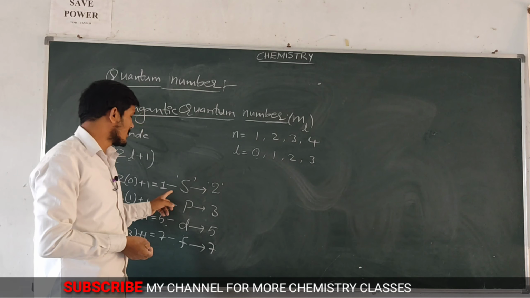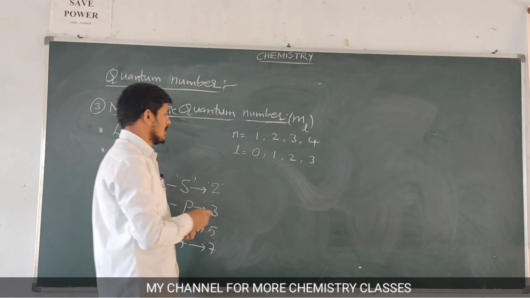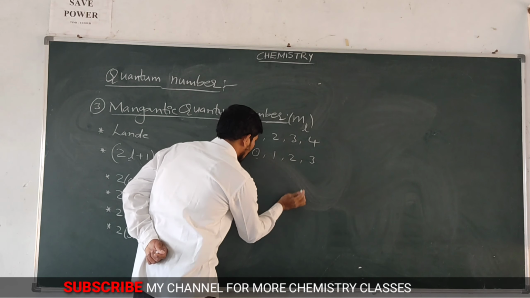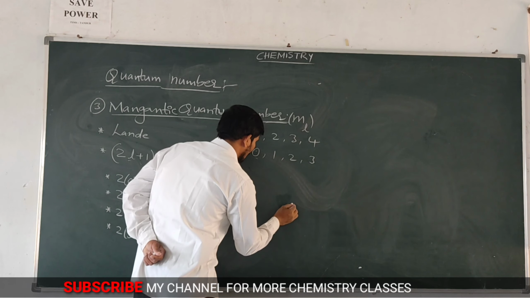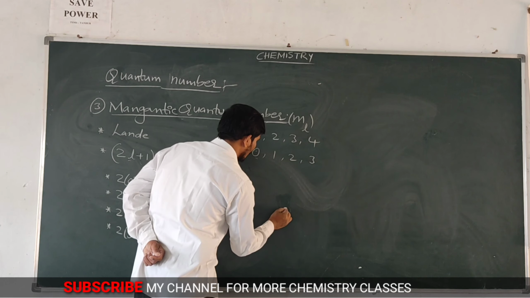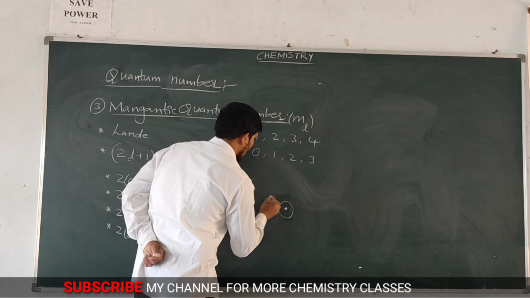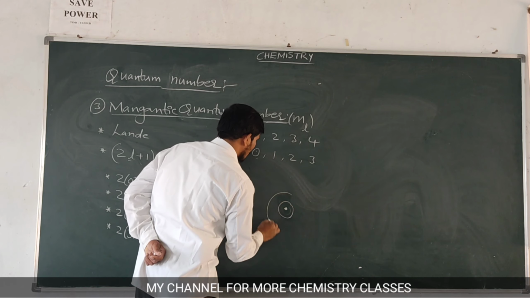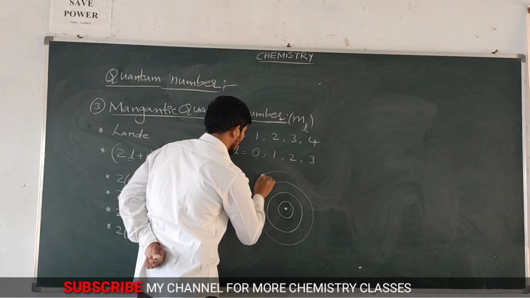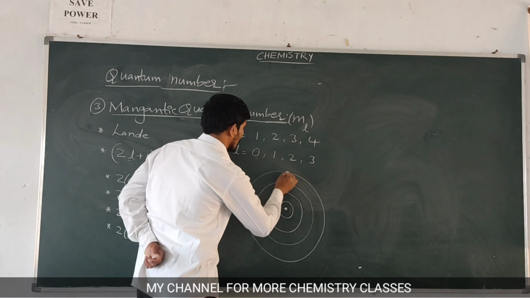That means 1 means S. For example, take this is an atom, this is a nucleus, and it has circular paths around it like this.